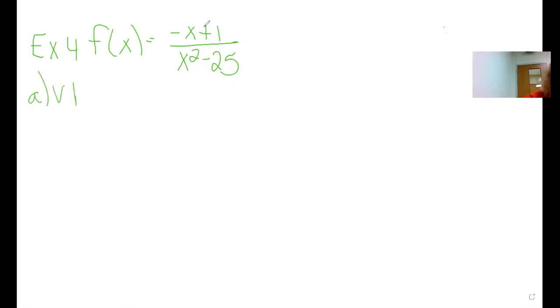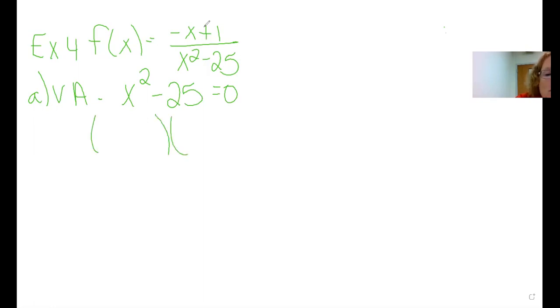Find the vertical asymptote. So we're going to take that denominator and we are going to set it equal to 0. Now be really careful. This is quadratic. And so exactly like that second problem that we had, you are going to have two asymptotes here. And so remember, you can factor this.